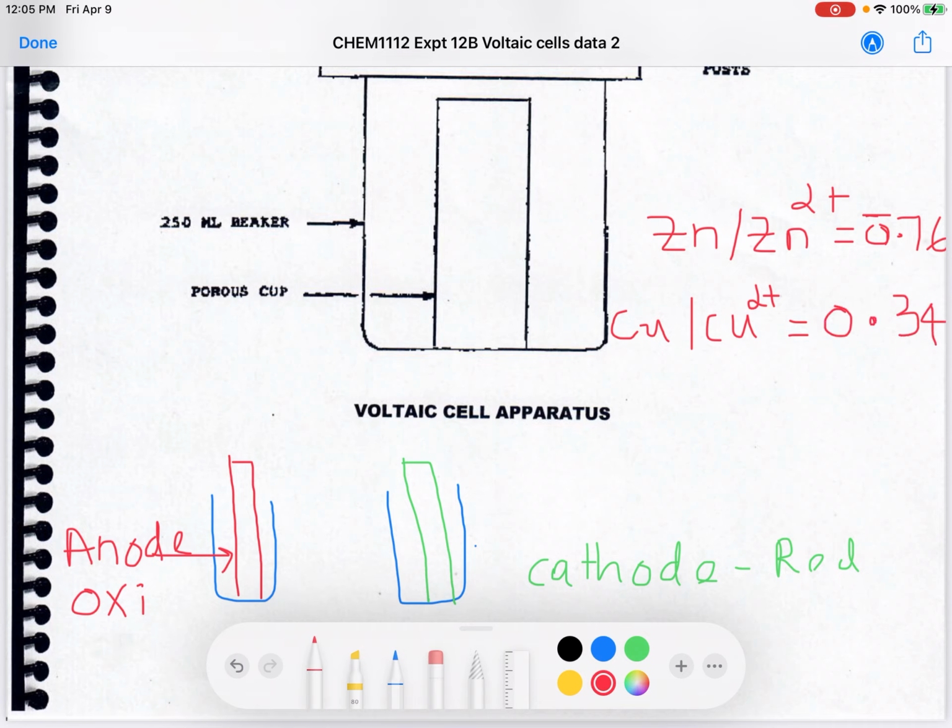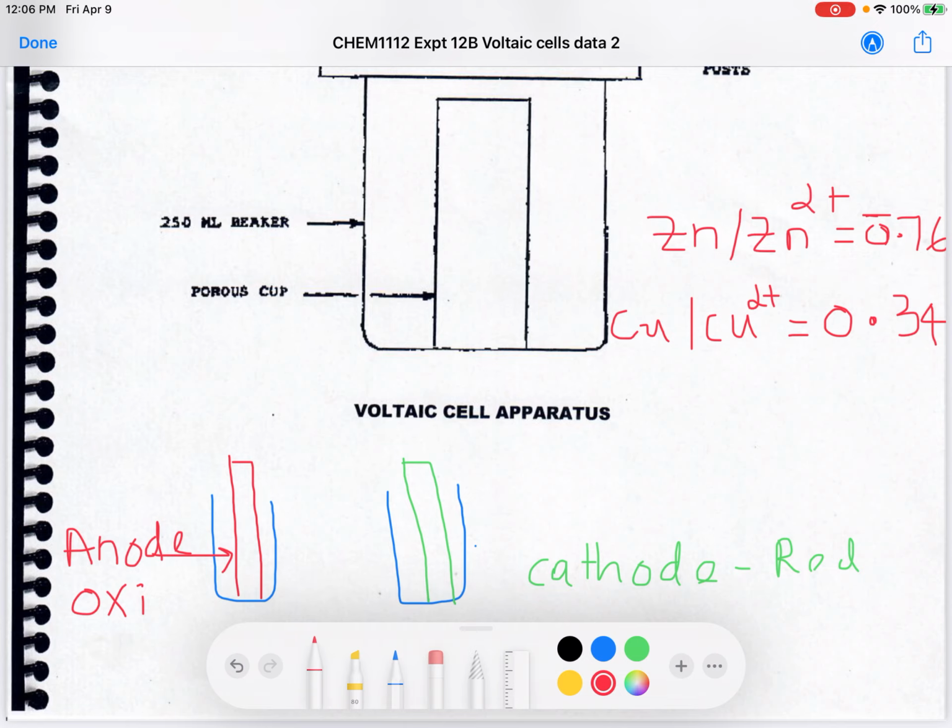Remember, I told you guys when we were dealing with the lecture that the more negative electrode potential is where the oxidation takes place, and the less negative or the more positive electrode is where the reduction takes place. So between zinc 2 plus and copper 2 plus, since zinc is negative 0.76, zinc is going to be your anode where the oxidation takes place.